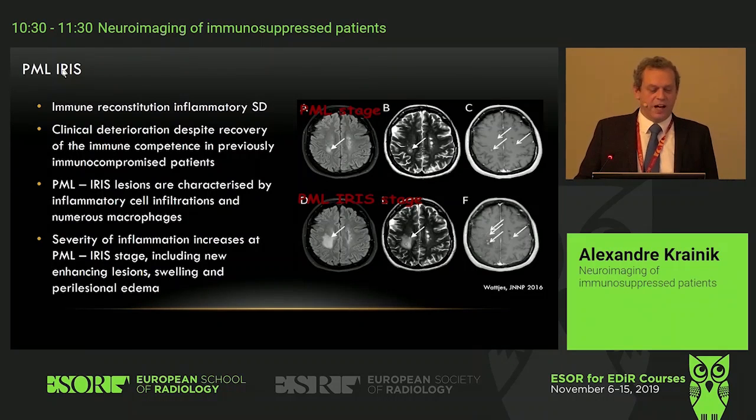Then it's called IRIS, for immune reconstitution inflammatory syndrome. It's quite well known now that when you start treating these patients quite aggressively, you may experience this PML-IRIS. This reveals the reconstitution of the immunity.